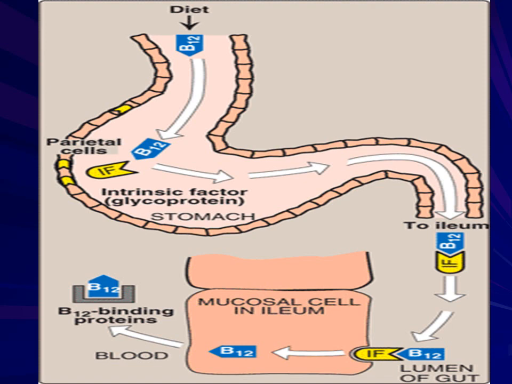This complex will travel through the gut and reach the mucosal cells of the ileum, where there is a receptor for it. Then the B12 will be absorbed and go to the blood. In the blood it needs another carrier, which is B12 binding protein, called transcobalamin 2. This will transport vitamin B12 through the circulation.